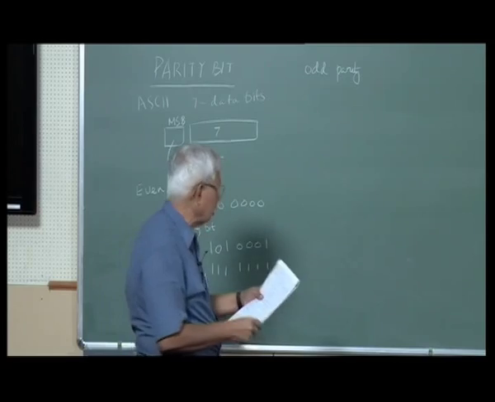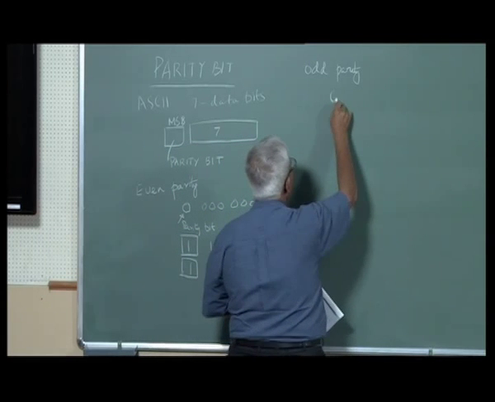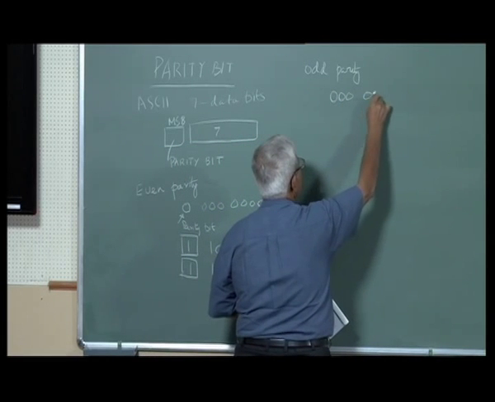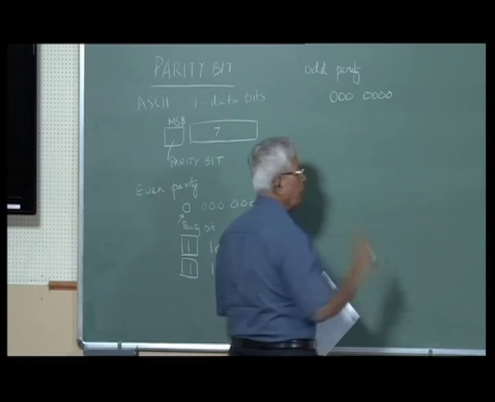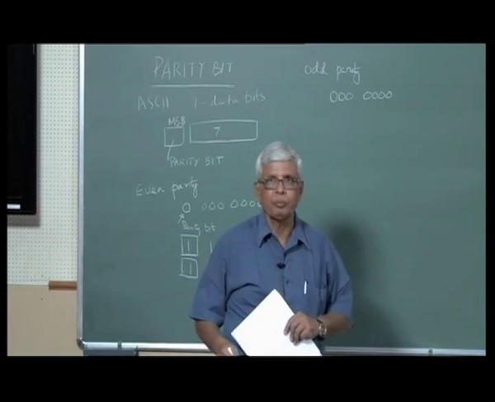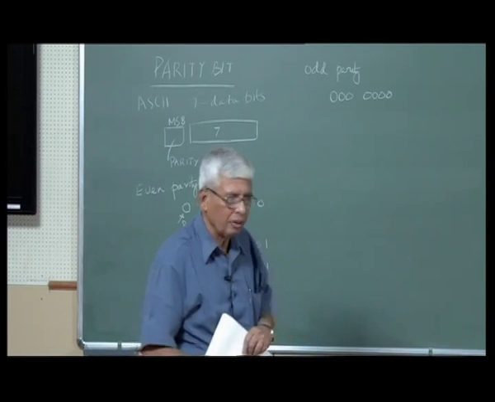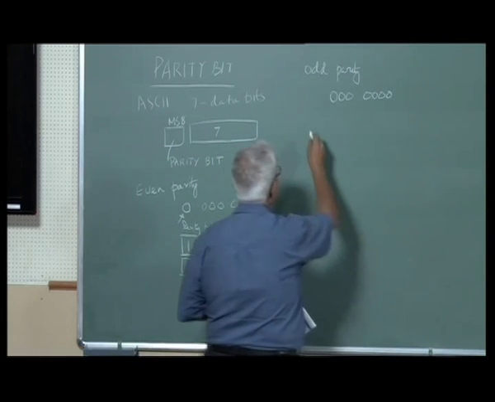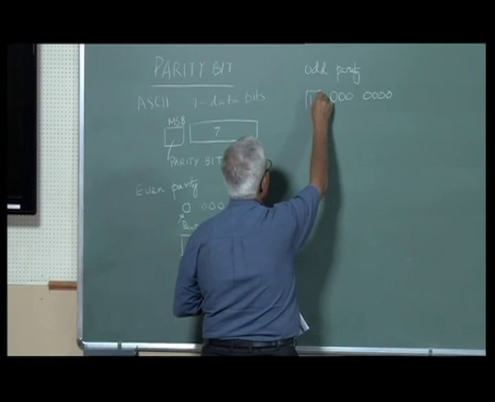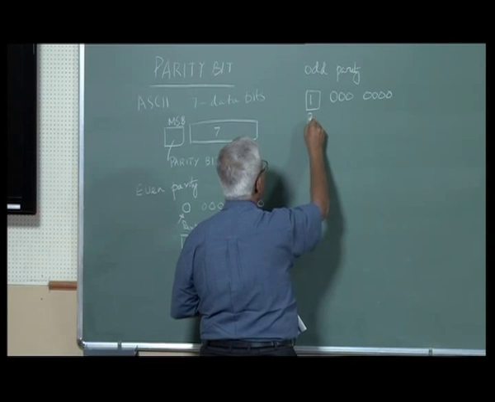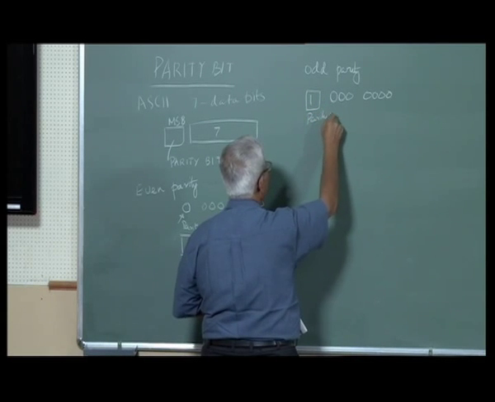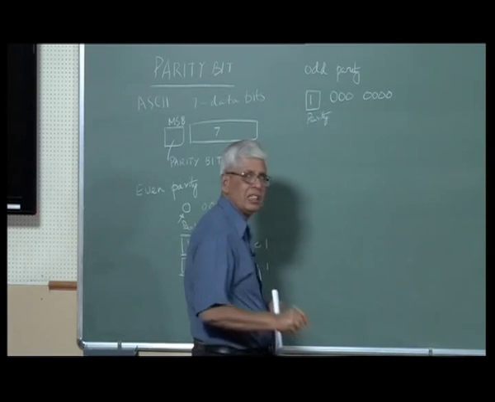We will take the same example of zeros. The number of ones is 0, which is even, but I want the total number of ones to be odd in a bit string with parity, so I will put a 1 here, so that the total number of ones is odd.